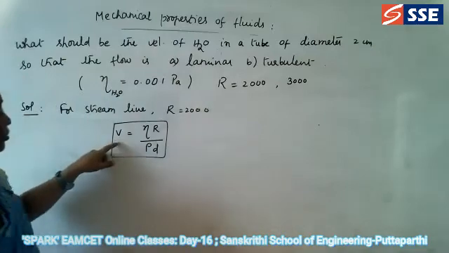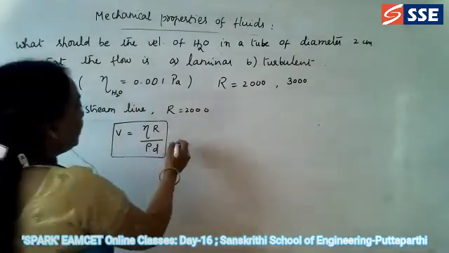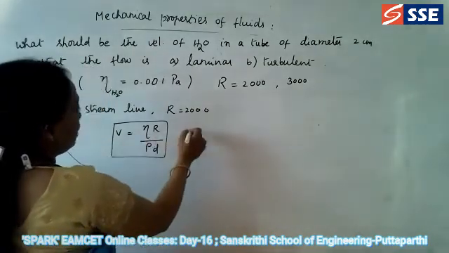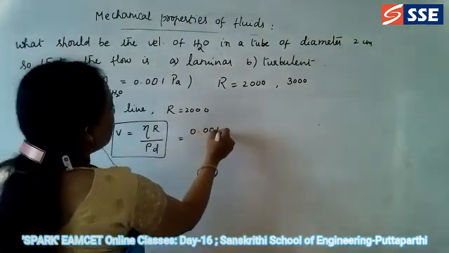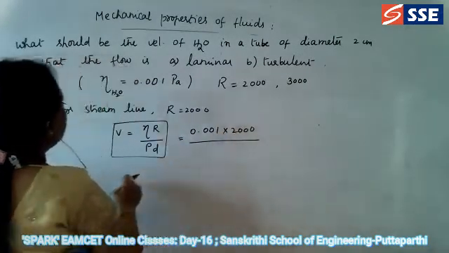V is equal to eta R by rho into D. Directly substitute eta as 0.001 and Reynolds number 2000, by rho, density.